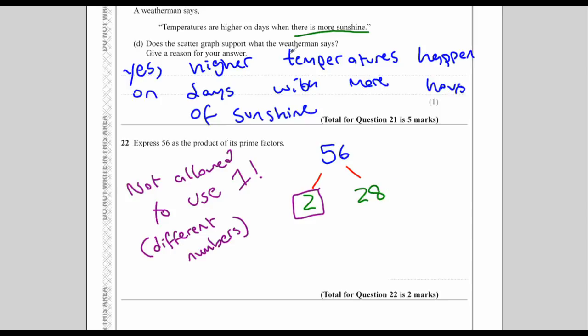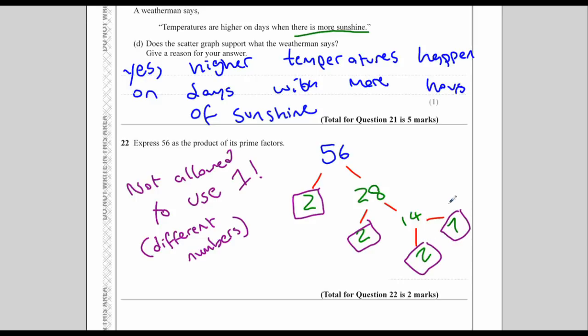So 28 is even again. So let's take 2 out, and it's going to be 14 with it. Okay. And 14 is even again. So you can take 2 out again, and this time you take 7. Can you split up 7 without using 1?